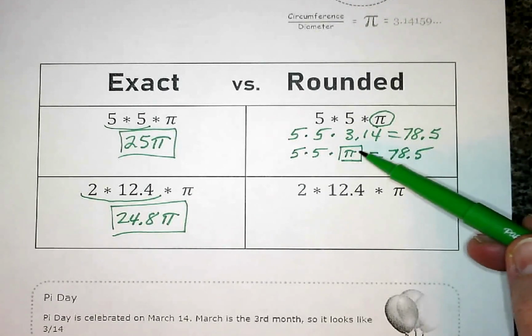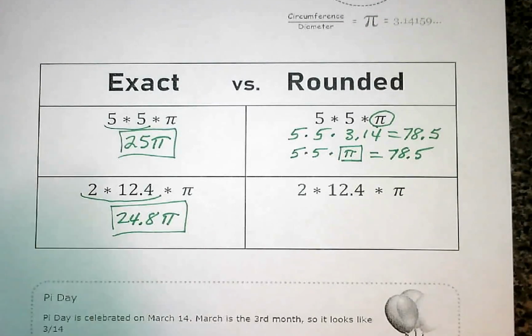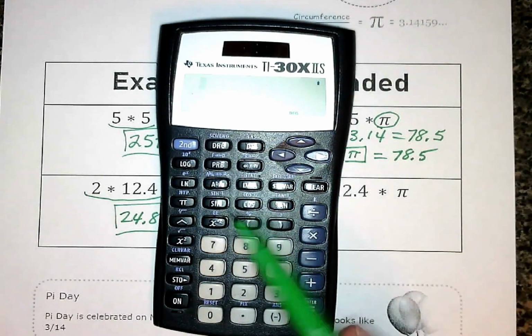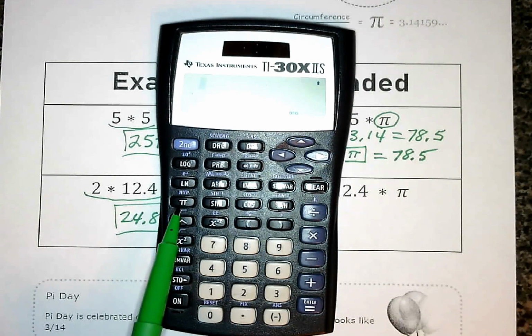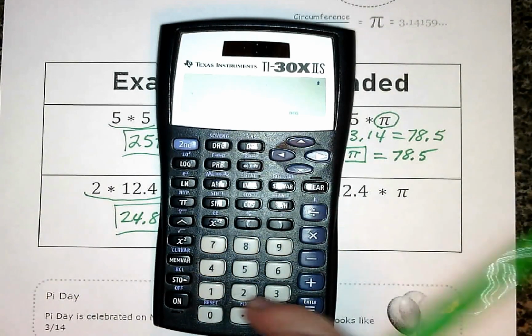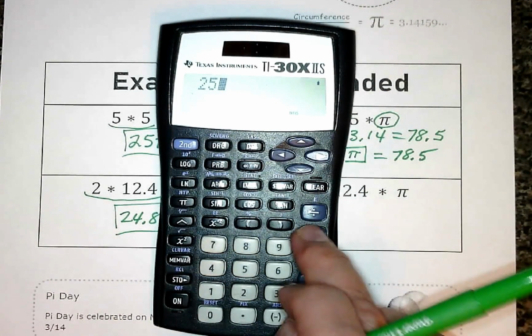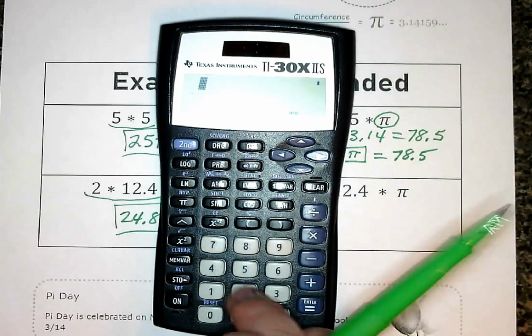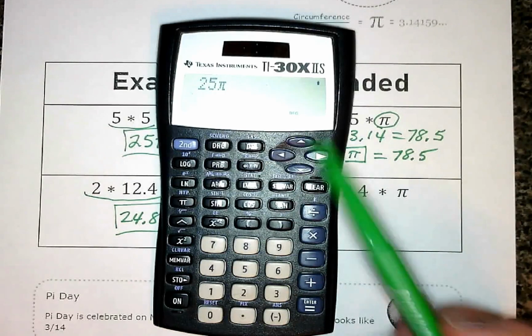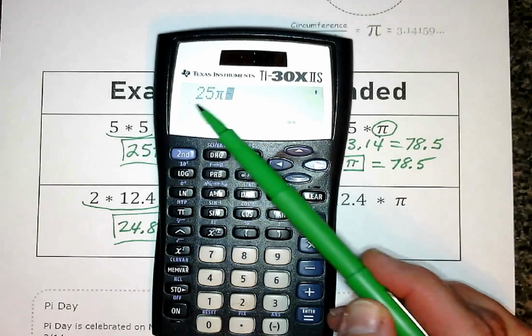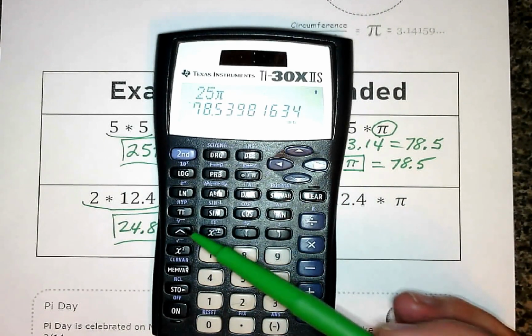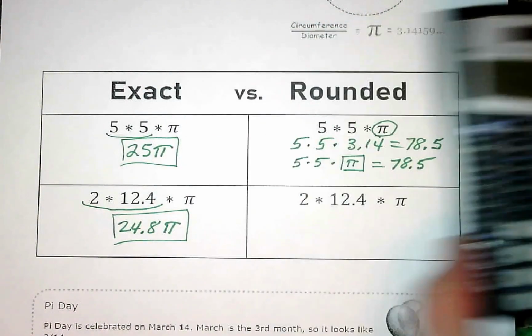So on the calculator, the pi symbol is right here. If I want to take 5 times 5, or 25, I can push times pi to get my answer, or I can go 25 pi, which is just 25 times pi, and you'll get the same answer. Most people find that button right there to be the easiest one to use rather than punching in 3.14.